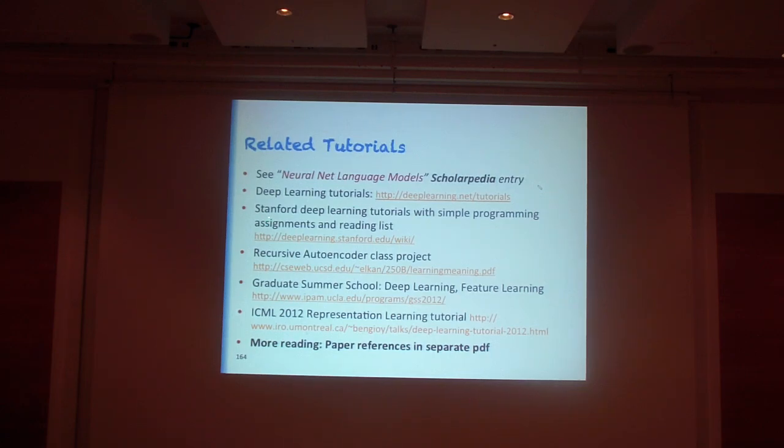Then there's the Stanford deep learning tutorials with some simple programming assignments, which you can have a look at. There's a recursive autoencoder class project that's connected to what Richard has been talking about. And then upcoming, there's a graduate summer school starting next week on deep learning and feature learning, for which I suppose material will be posted as the summer school proceeds over the course of 3 weeks in July.